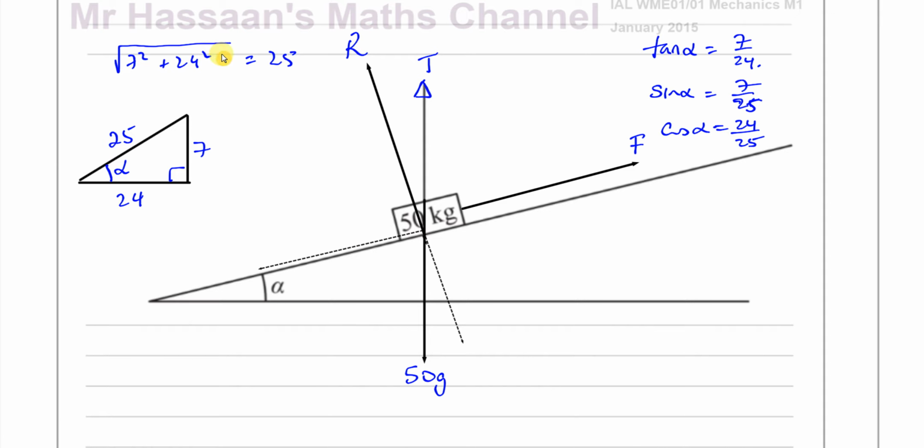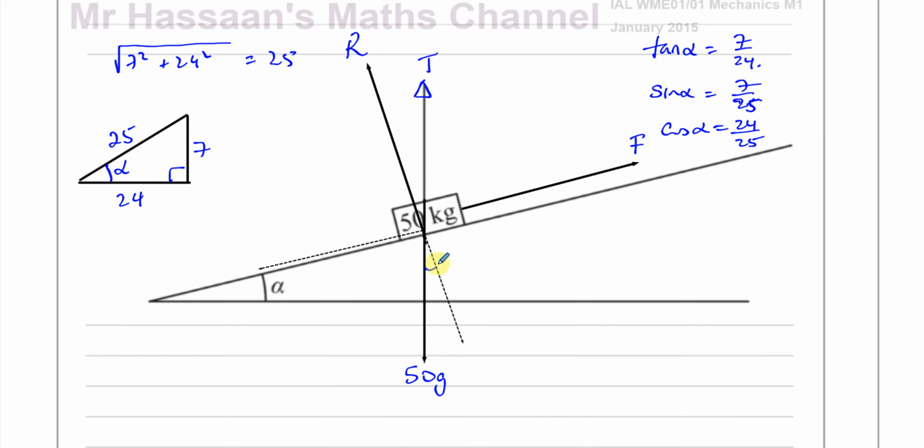So this is 50g times, well, let me just first explain how we resolve the forces. Now, I know that this angle here is the same as this angle here. Some people don't understand why. They just write it down. But I want you to understand why. It's always best.